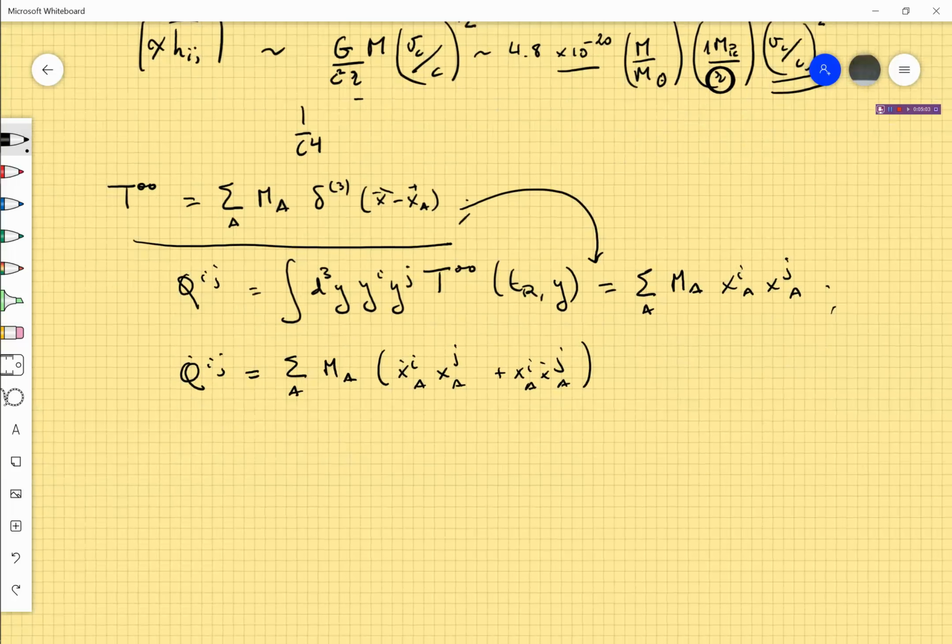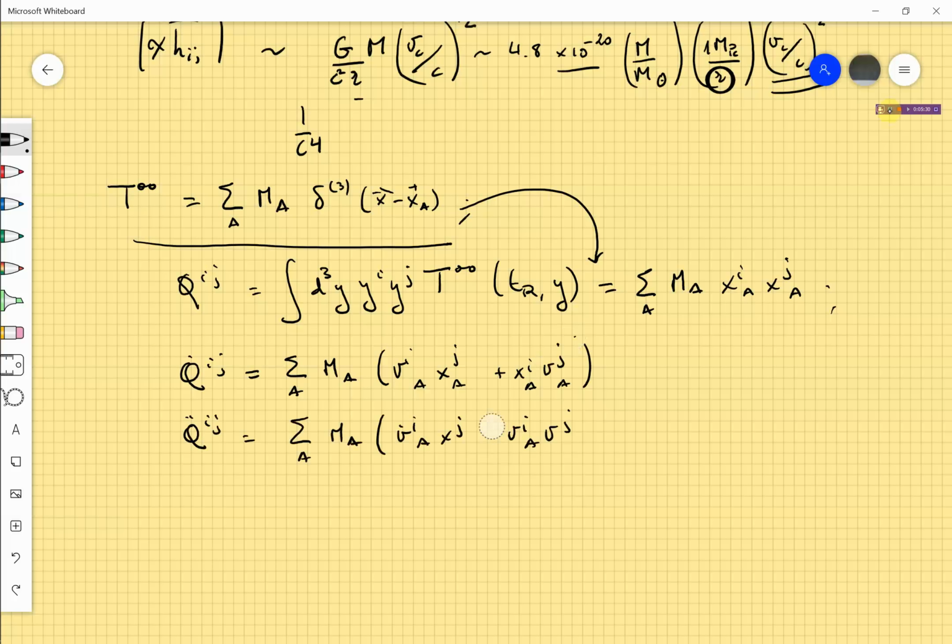We will call this velocity, so this is just vj, and then the second derivative gives us this, which will be acceleration times xj plus vi vj, there are two terms like this, clearly, and then there is another term with v dot j a.